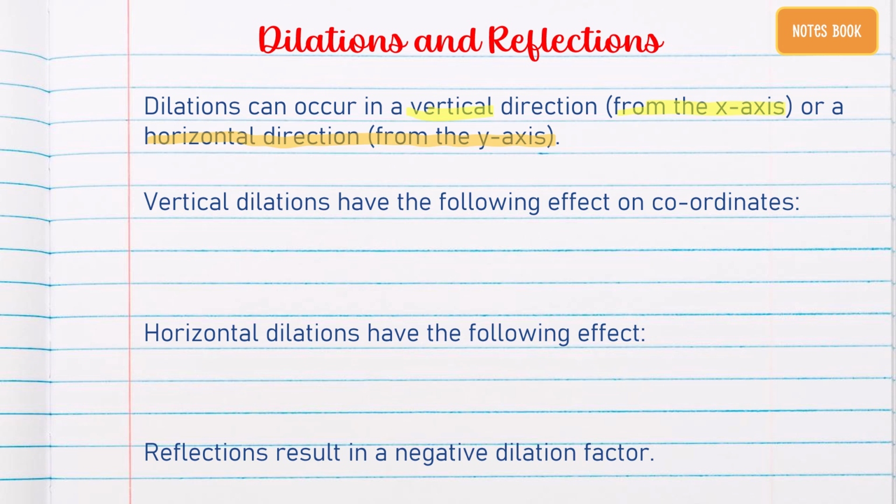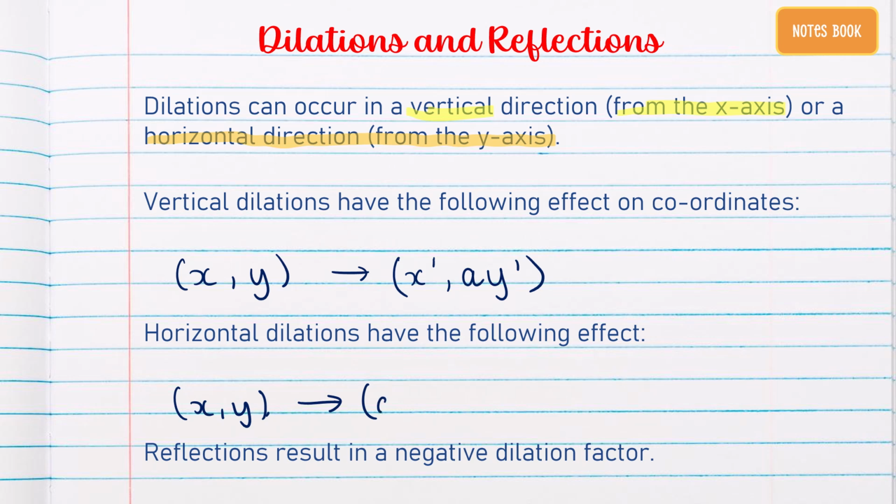So vertical dilations, if I'm working with xy going into x prime, y prime, well, vertical dilations have an effect on the y-axis. And so it's going to become, with a dilation factor of a, x prime, a y prime, okay? Horizontal dilation, same sort of idea, except our xy is going to go into a x prime, y prime, okay?